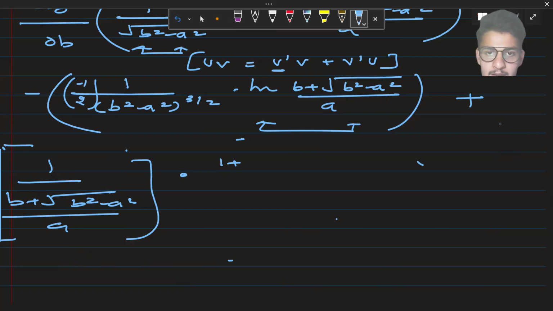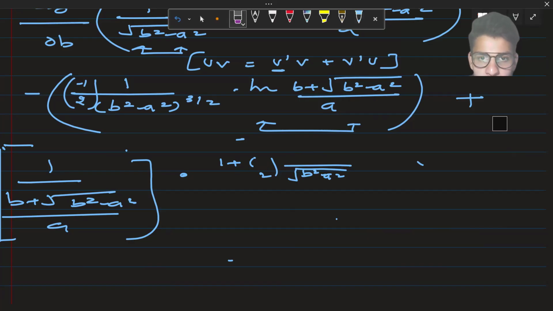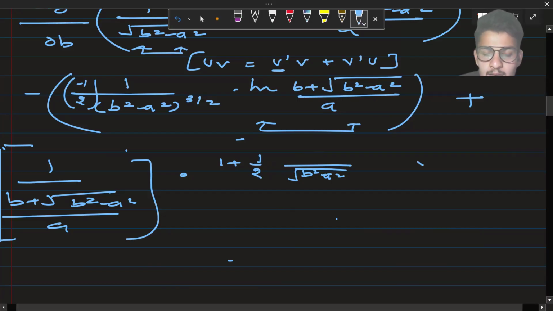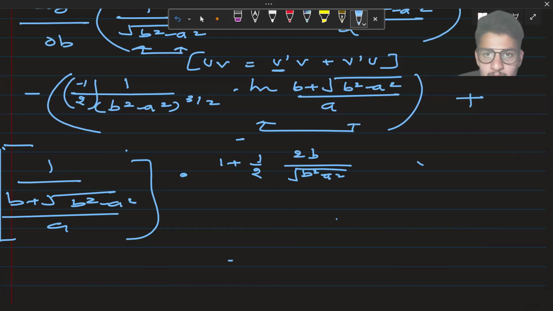Previously, we made a mistake here. Minus 1 by 2 will come here, and the power will also get minus 1. So 1 by 2 will come here, but the power will get n minus 1. And here 2b will come and the whole divided by a.